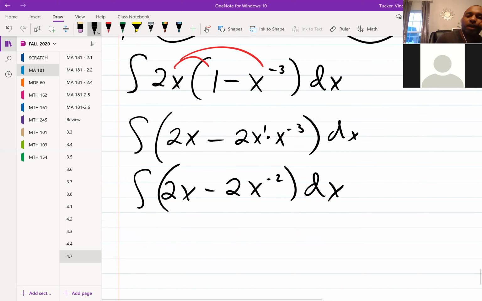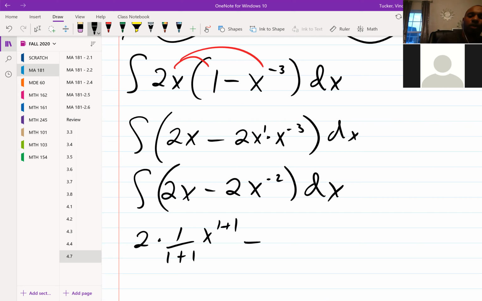So from there, we can apply the antiderivative to each term individually now. That's 2 times x to the 1 plus 1, over 1 plus 1, minus 2 times x to the -2 plus 1, over -2 plus 1, plus c.